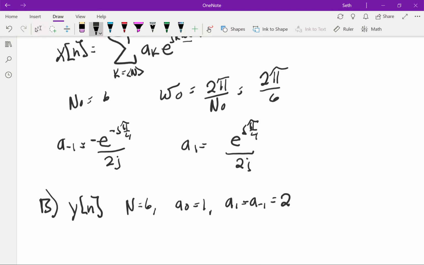That's why we don't see, say, a3 and a4 here. It's because those terms are 0.